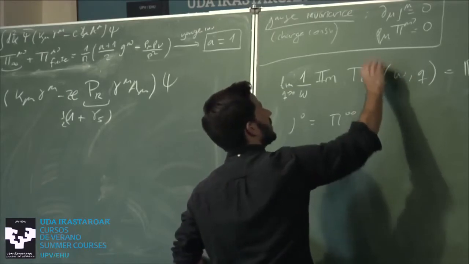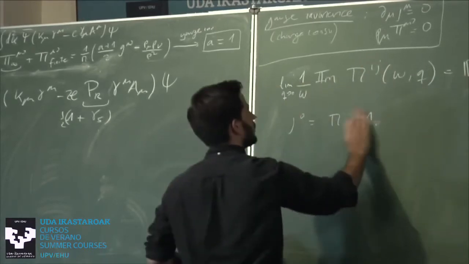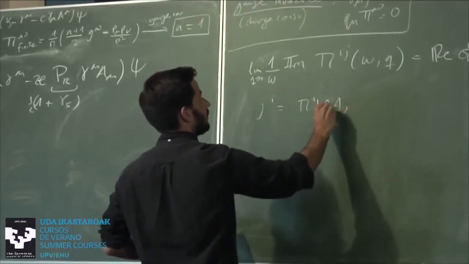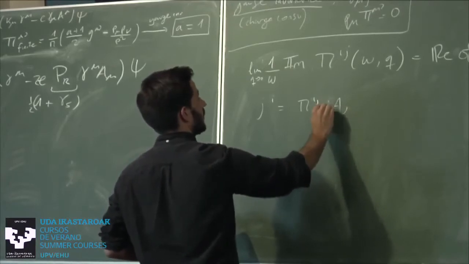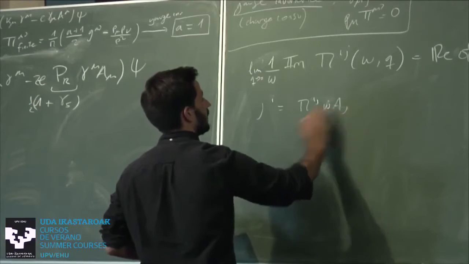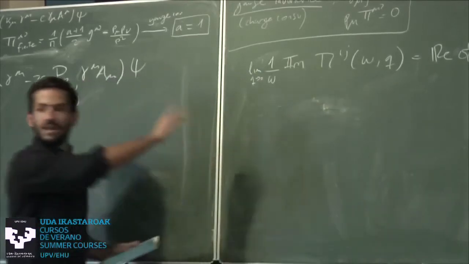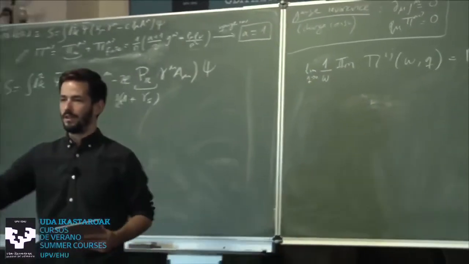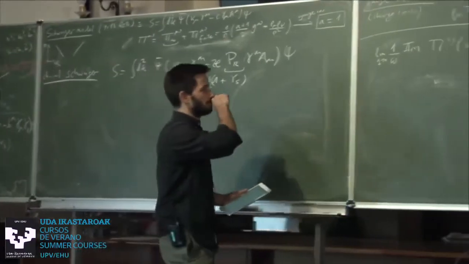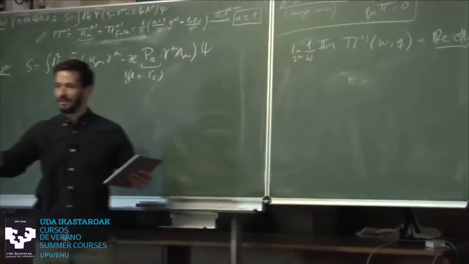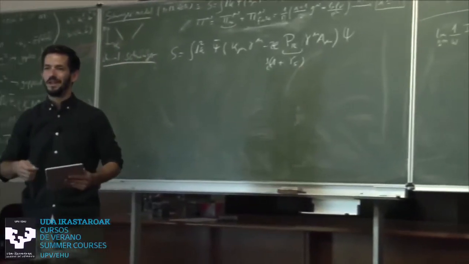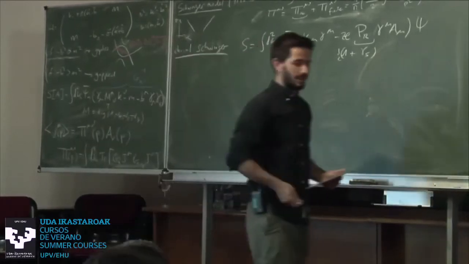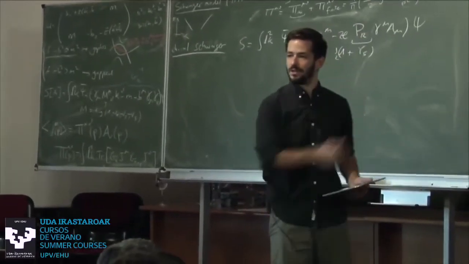Actually, this might be IJ, with the partial t becoming an omega. Something like this, and then this is related to the dielectric function. In a many-body textbook, you would calculate this for p squared over 2m, and somehow you would find Thomas-Fermi screening and so on. So that's exactly what I'm doing.